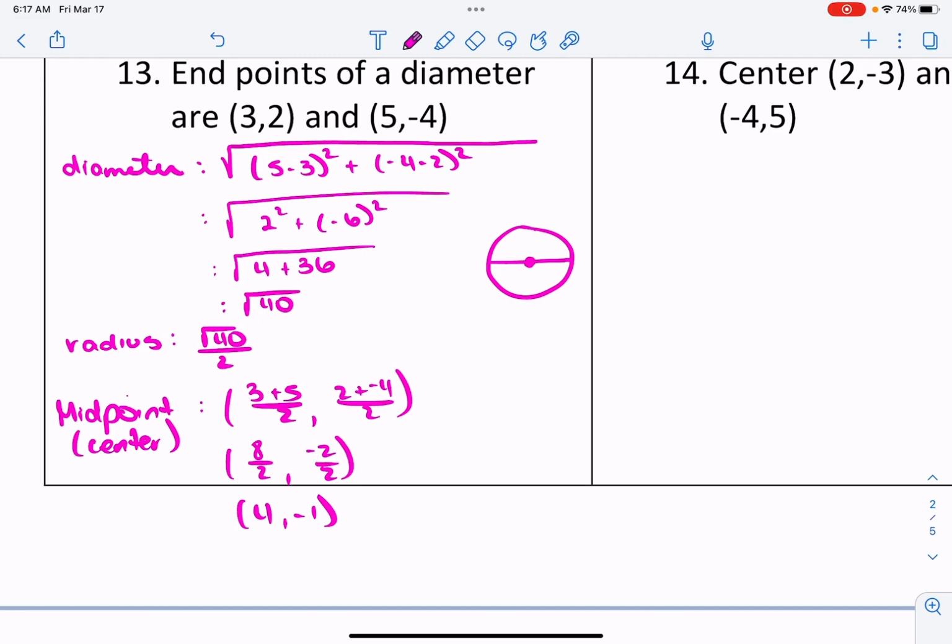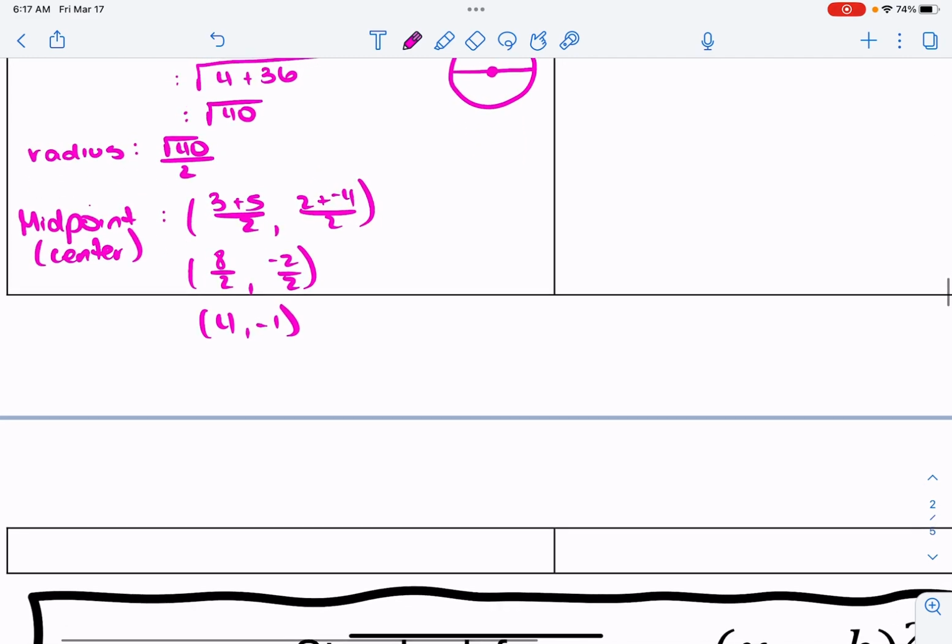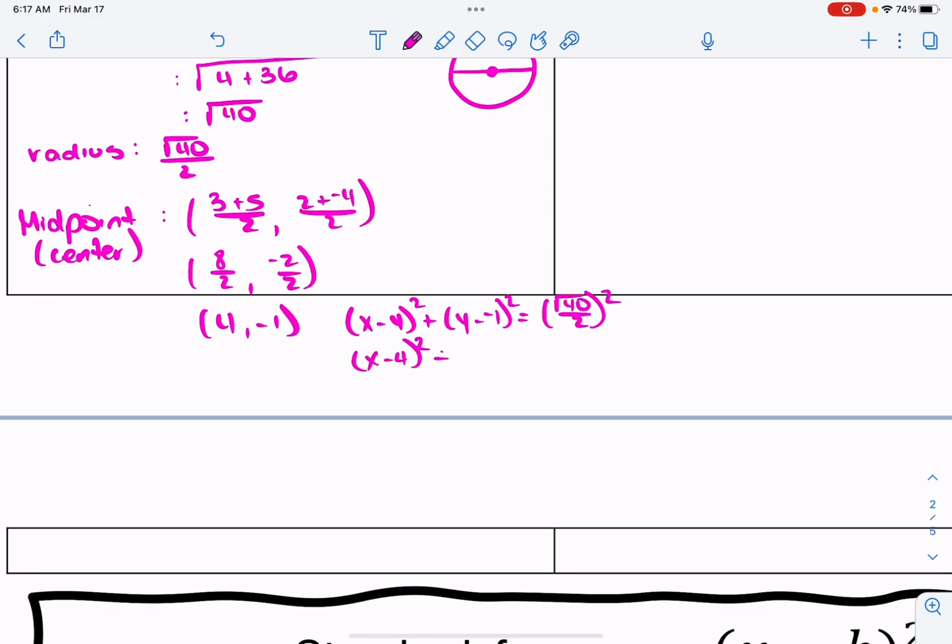Now we have our center and our radius, so we can write our equation. It's going to be (x minus 4) squared plus (y minus -1) squared is equal to (the square root of 40 divided by 2) squared. So we end up with (x minus 4) squared plus (y plus 1) squared.